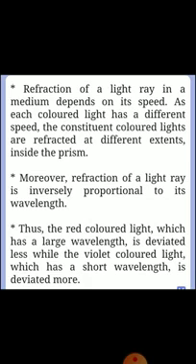As each colored light has a different speed, the constituent colored lights are refracted to different extents inside the prism. Moreover, refraction of a light ray is inversely proportional to its wavelength. Thus, the red colored light, which has a large wavelength, is deviated less, while the violet colored light, which has a short wavelength, is deviated more.